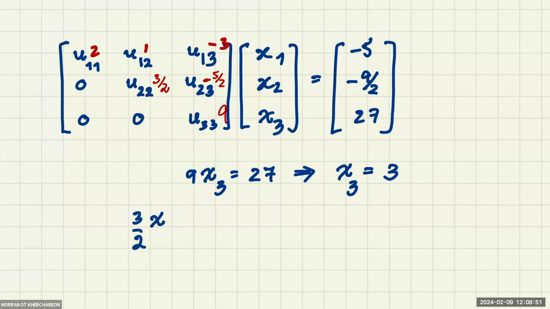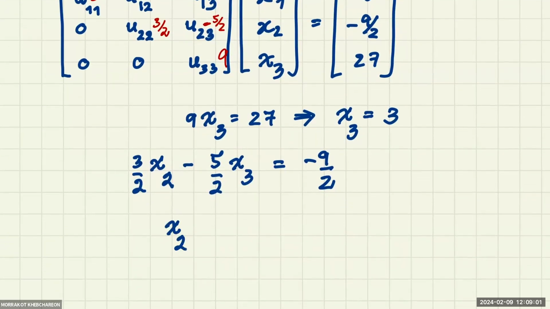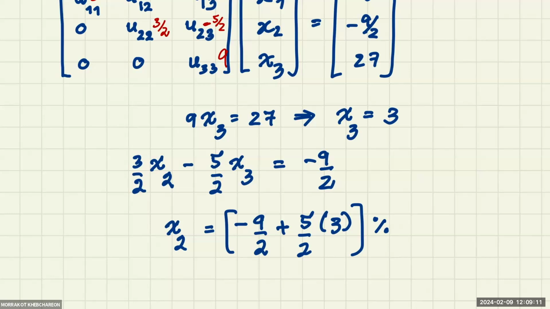Then 3/2 times x2 minus 5/2 times x3 equal to -9/2, so you can find x2. x2 is -9/2 plus 5/2 times 3, the whole thing divided by 3/2, which is multiplied by 2/3.